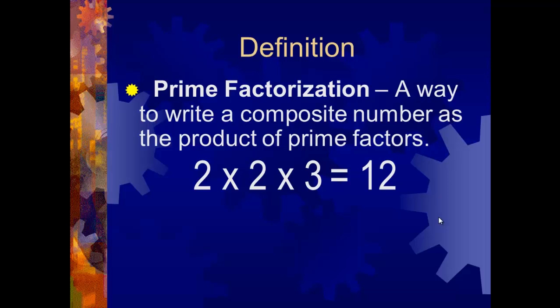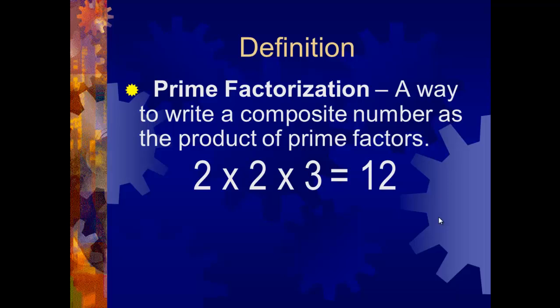If I asked you to get the factors of 12, you will say 1 multiplied by 12, so we have here 1 and 12. 3 multiplied by 4, 3 and 4. 2 multiplied by 6, so 2 and 6. These are called factors, but not the prime factors.